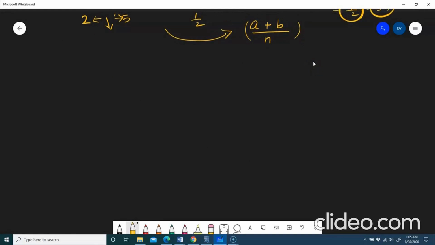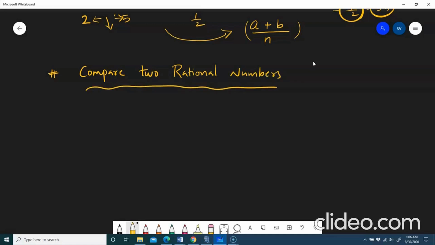So finally, just as information, this is actually not needed for the lower classes. Comparing rational numbers, or comparing fractions, I'm explaining this for competitive exams.